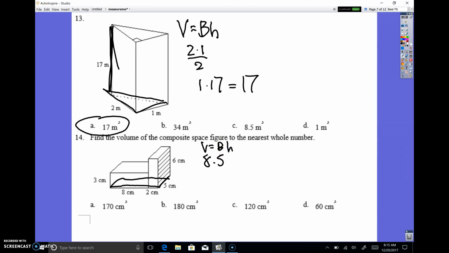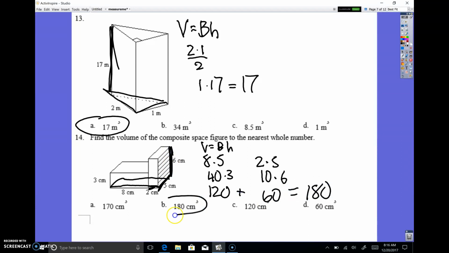So 40, and then we multiply it by 3, so we get 120. Now for this one, the base is 2 and 5, so 2 times 5, which is equal to 10, times 6, which is the height. Okay, 120 plus 60 equals 180.